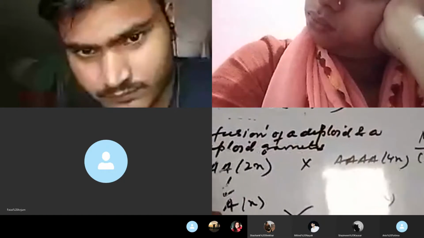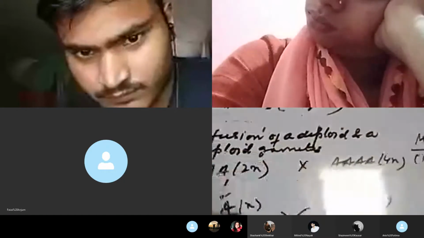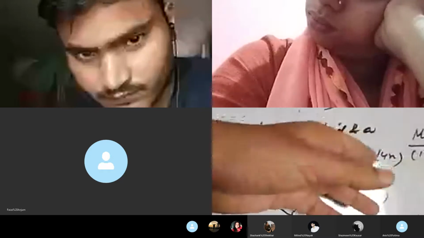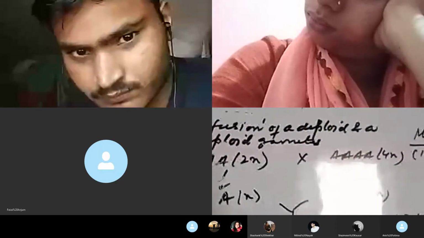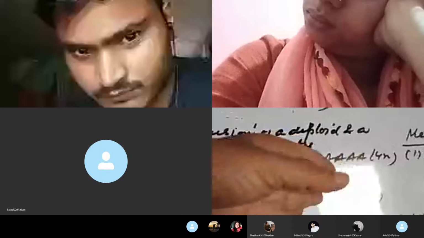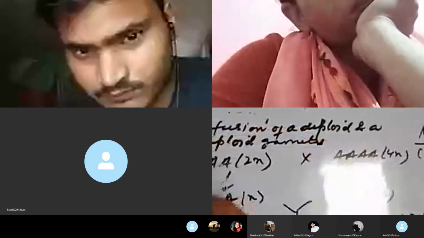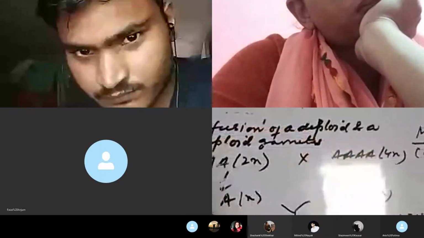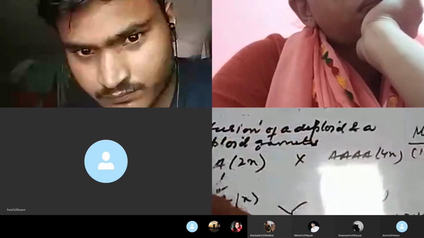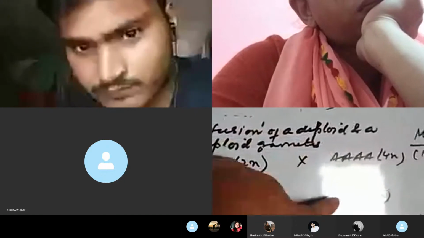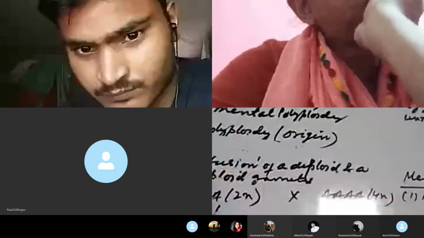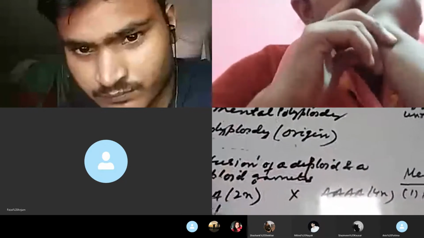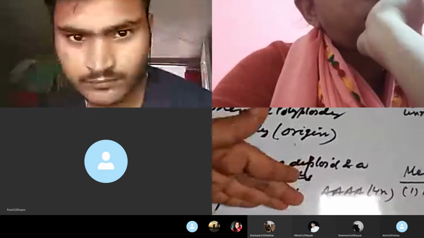Suppose this diploid gamete is the female gamete and this haploid gamete is a male gamete. If this male gamete fuses with this female gamete, what will happen? There will be three sets of chromosomes: two sets coming from the female parent and one set coming from the male parent, as written in this structure.